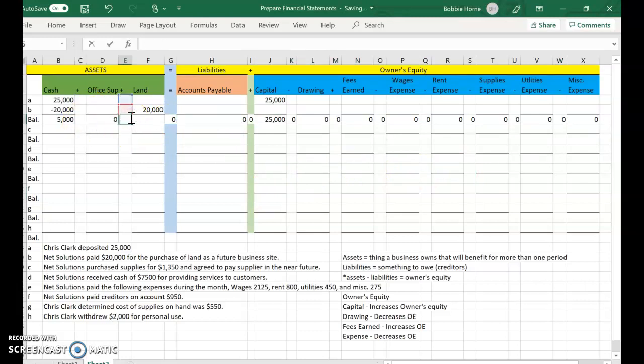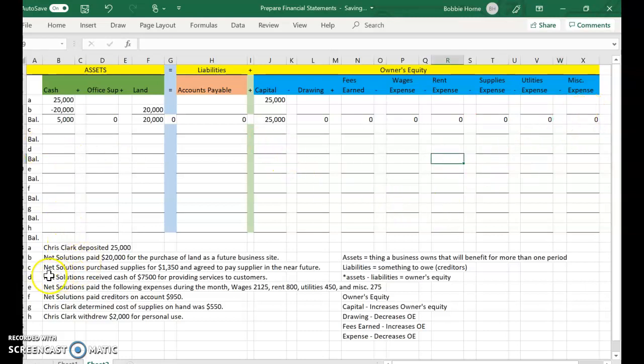We do not need to copy over where I have my plus sign. I just like to put that there so you can see what's being added and subtracted on each side. It's not necessary, and it probably makes it a little bit harder to copy your formula across.